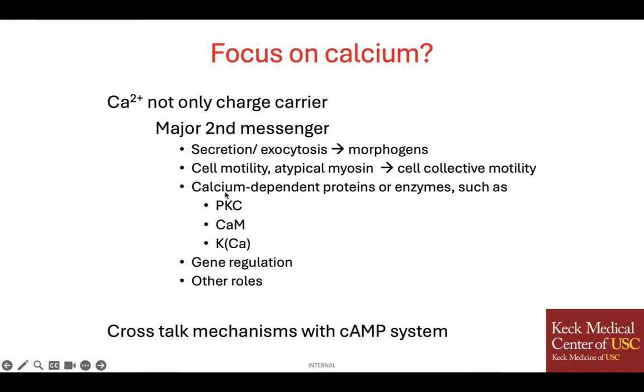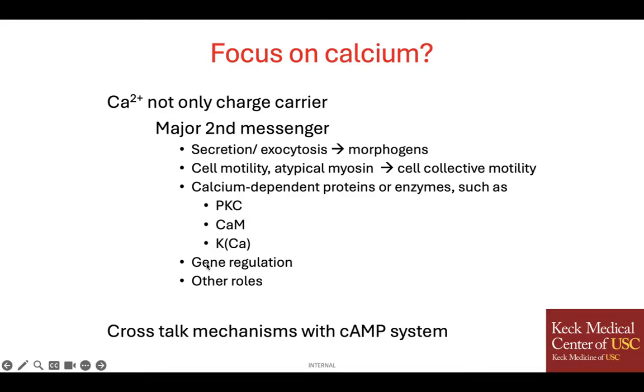And then calcium can also act on a range of calcium-dependent proteins and sometimes enzymes, for example, PKC, calmodulin, or calcium-activated potassium channels. Okay, so calcium is really key to playing a lot of important roles that are relevant in development.